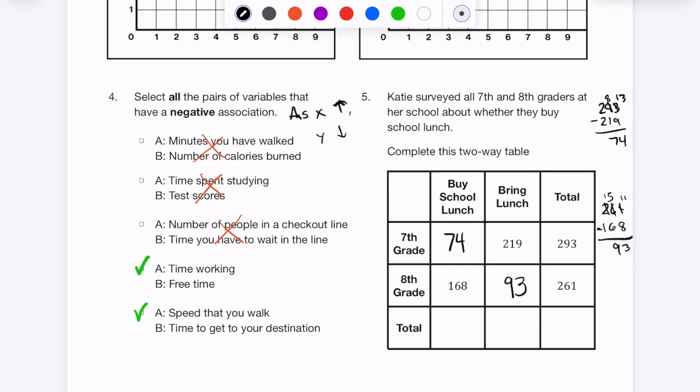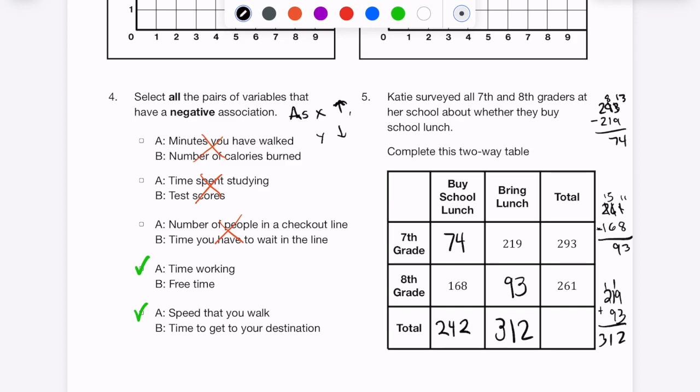And then we can add these up to get our totals. 74 plus 168, that's going to be 242 people who buy school lunch. And then if we do 219 plus 93, we get that there's 312 people who bring lunch.